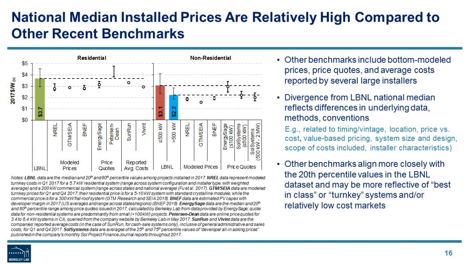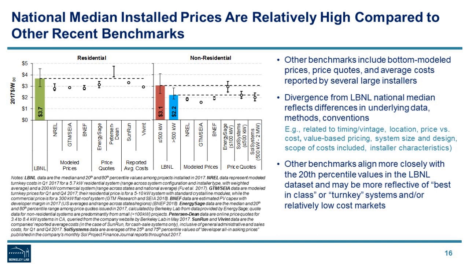For example, as we've already seen, California dominates the data sample, and we'll show later that California, as well as some of the other big state markets, are also among the most expensive, which tends to pull the national median price up. Some of these other benchmarks, however, may be based on sort of lower cost or more average cost states.